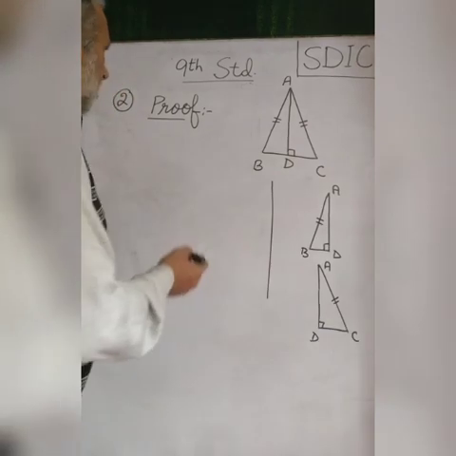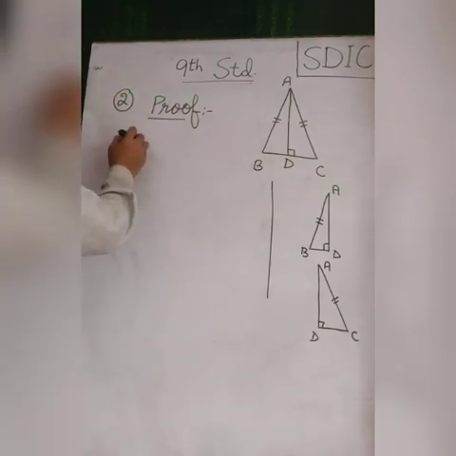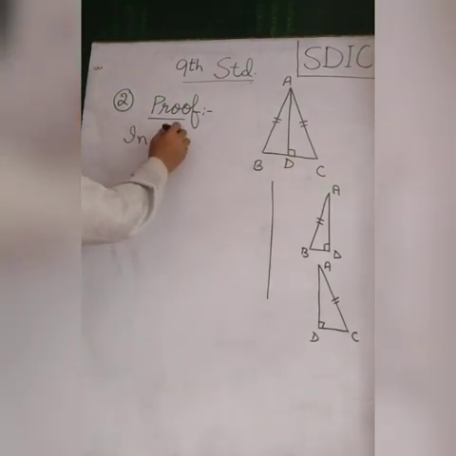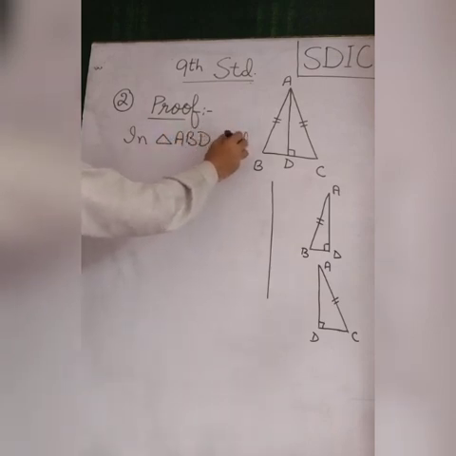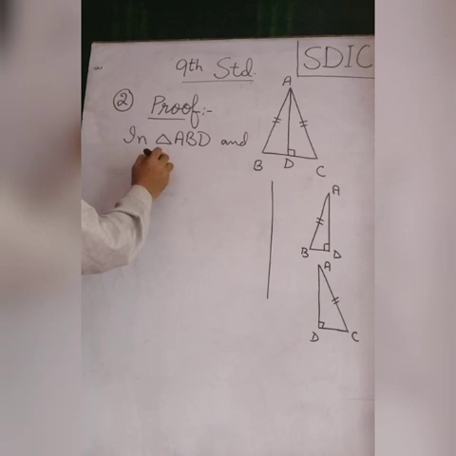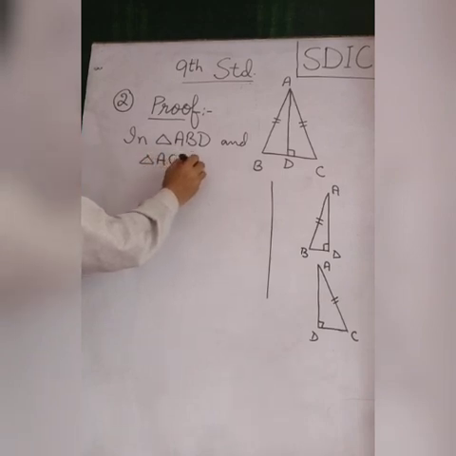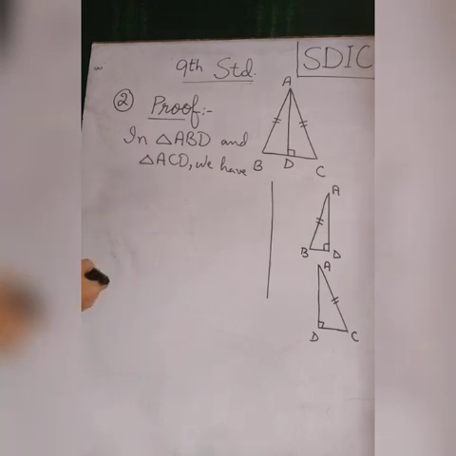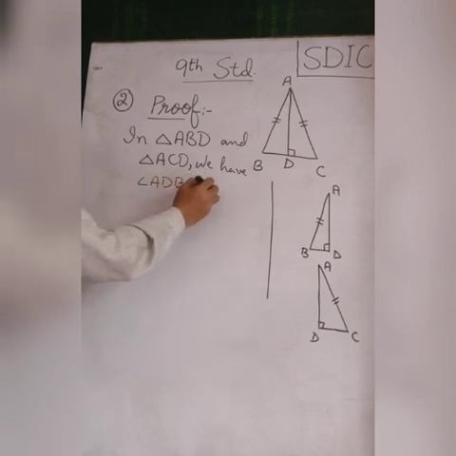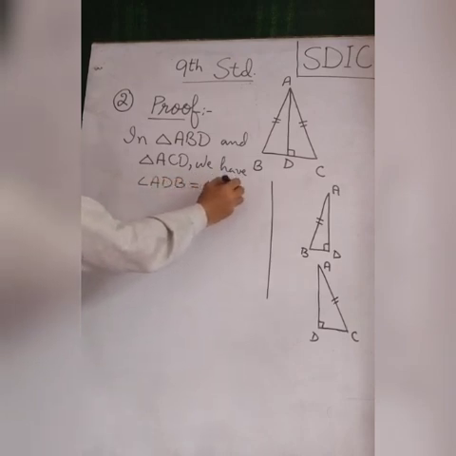Let us prove the congruency in triangle ABD and triangle ACD. We have, so we are using the RHS congruency rule. We'll first write right angle. Angle ADB is equal to angle ADC. What will be the reason you will put?